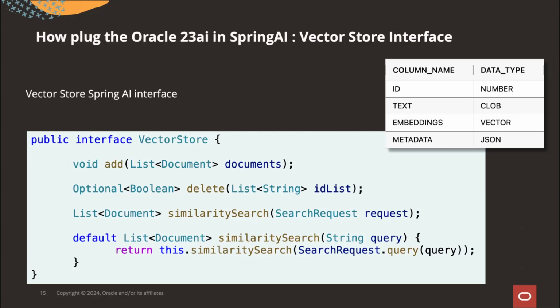All the information has to go into a table that you have to create, in which you store the main information provided with the document: the text, so the content of your chunks, the embedding vector generated by an embedding LLM model, and metadata related to the file and to the chunk that you want to store.